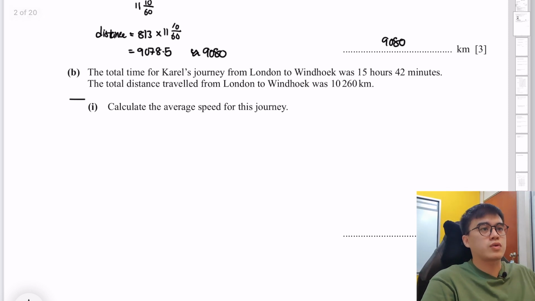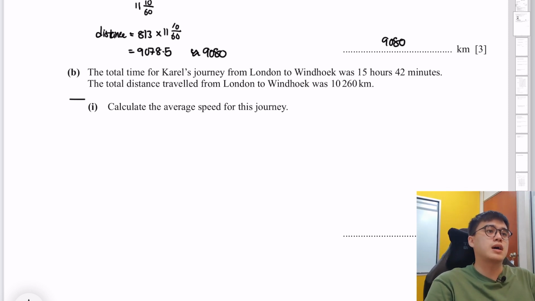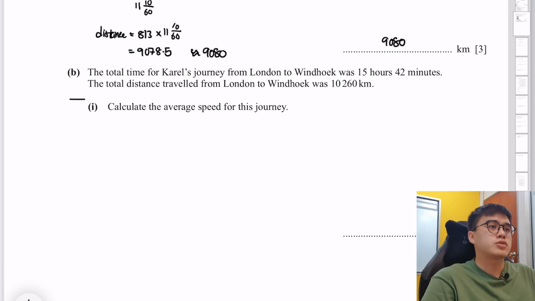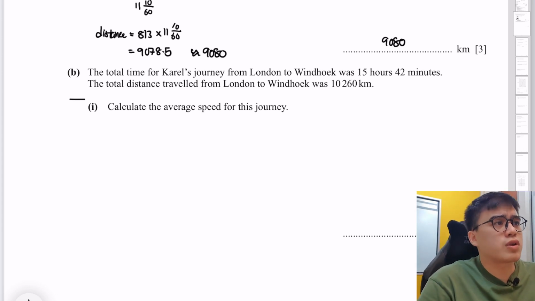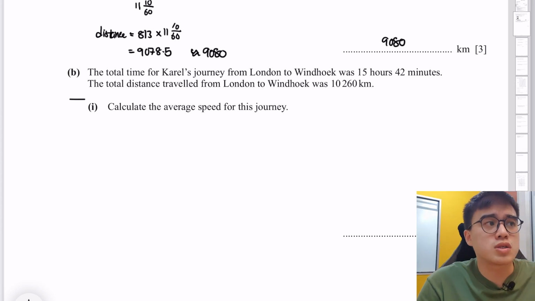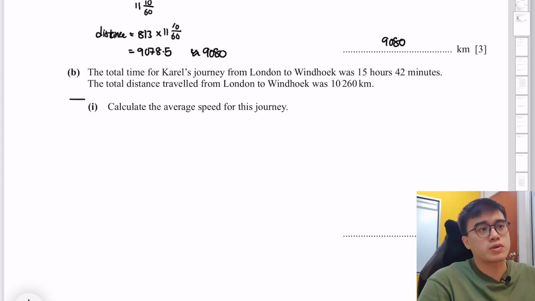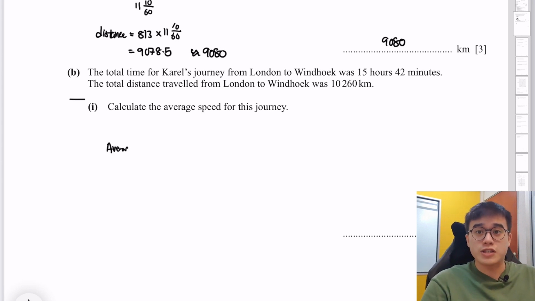Moving on, we have the question asking us about Carol's journey from London to Windhoek, which was 15 hours and 42 minutes, and the total distance traveled was 10,260. So this time around, they gave us the total distance and the total time.